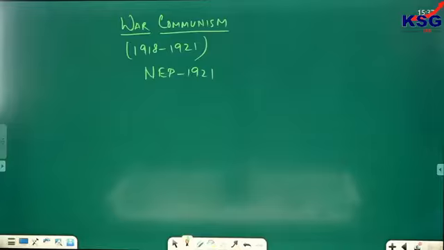Clear? Right. However, after some time, Lenin realized that war communism is not sustainable. War communism is not sustainable.